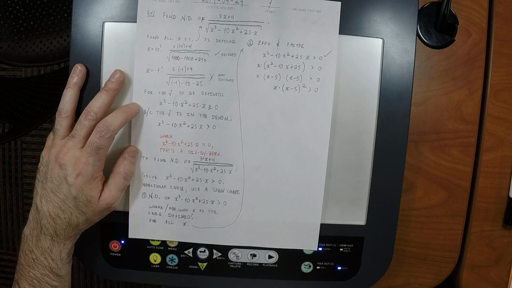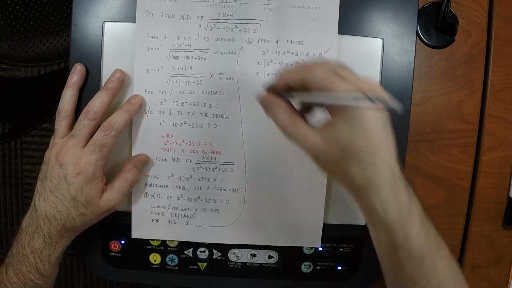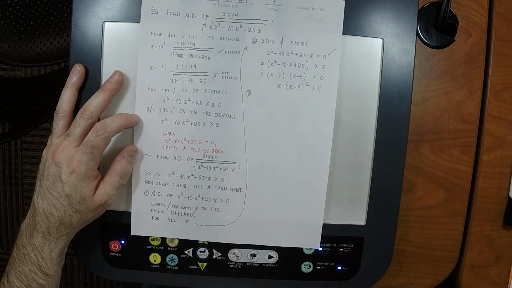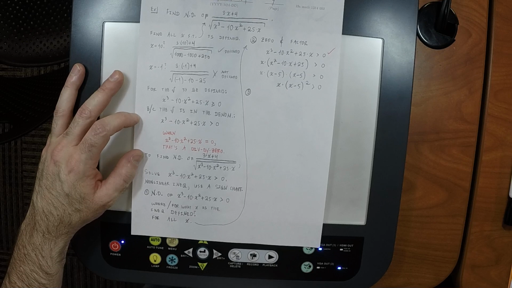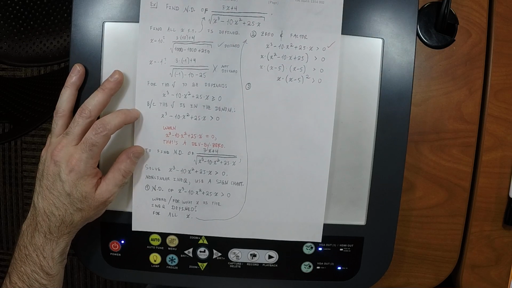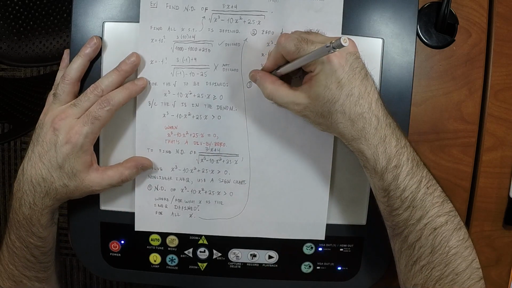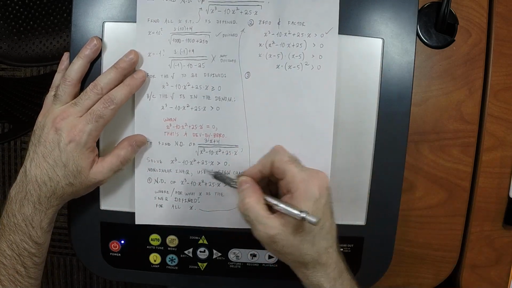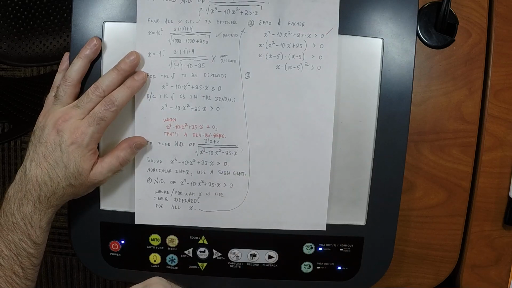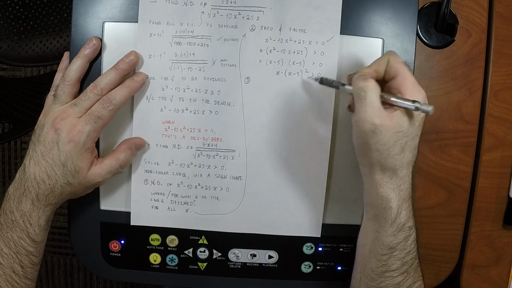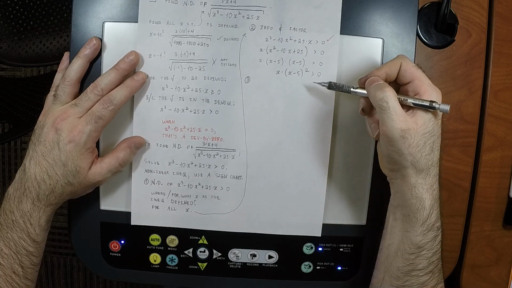All right. So what's the third step in the sign chart method? Solve something. Solve what? Specifically, the sign chart method lets you solve an inequality. And then we did some work on the inequality to get it to here, and we made sure that all of our steps were safe.